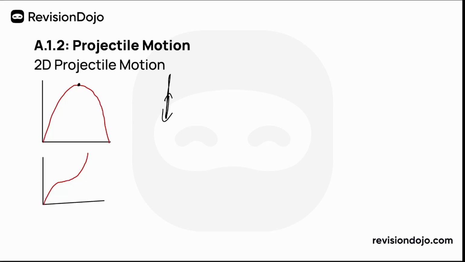Indeed, distance is the sum of the length of the path taken. Here is the maximum height point. The object slows down as it reaches its maximum height and then accelerates once again as it comes down.